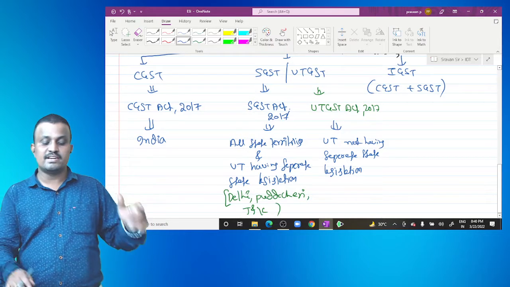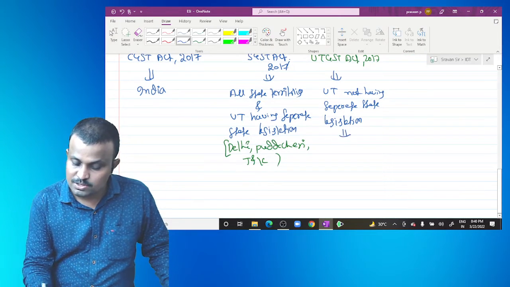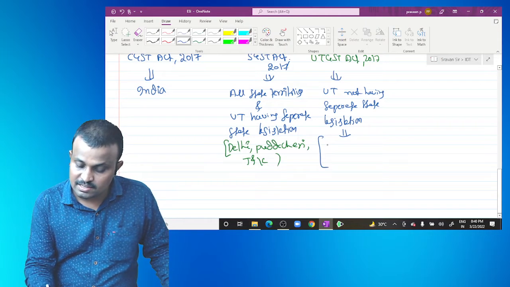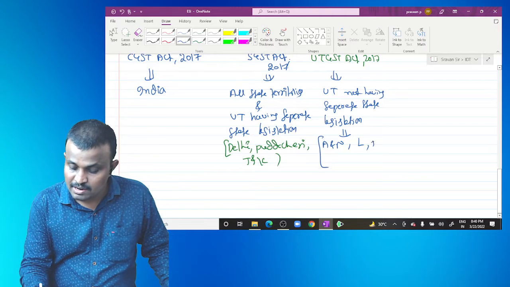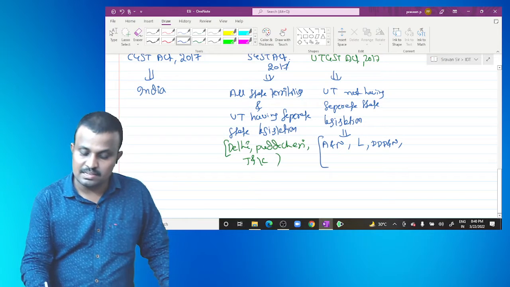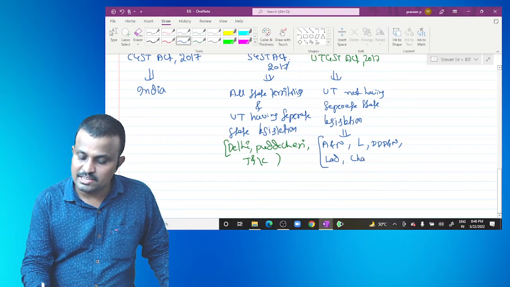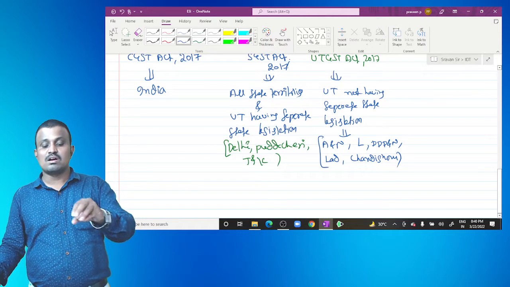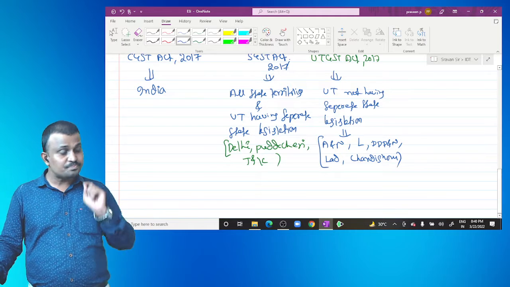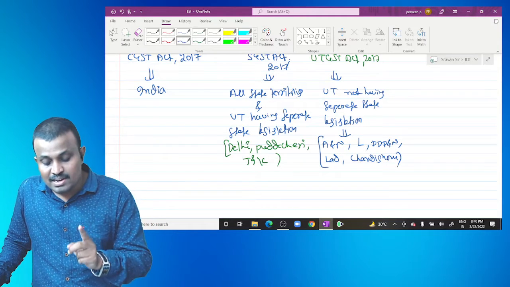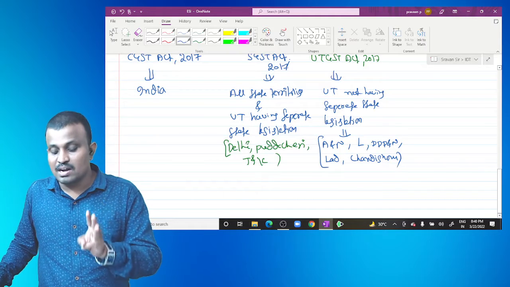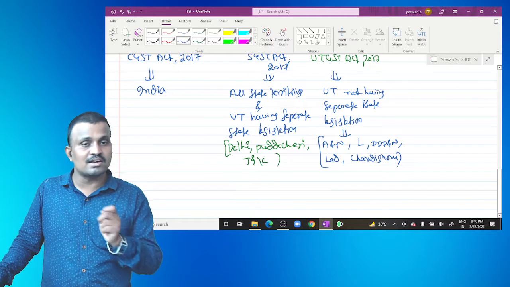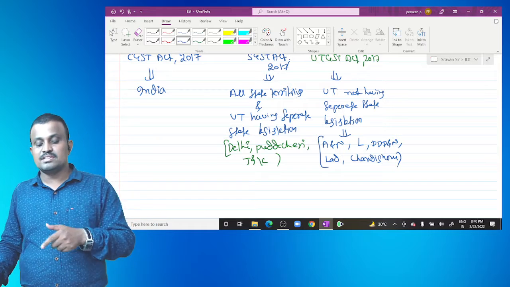These apply to all union territories like Andaman and Nicobar Islands, Lakshadweep, Daman and Diu, Dadra and Nagar Haveli, Ladakh, and Chandigarh. So these are covered under union territories not having separate state legislation.